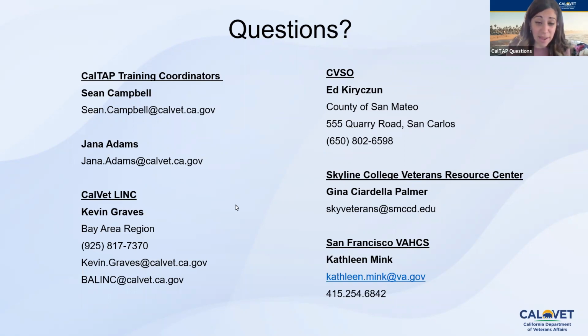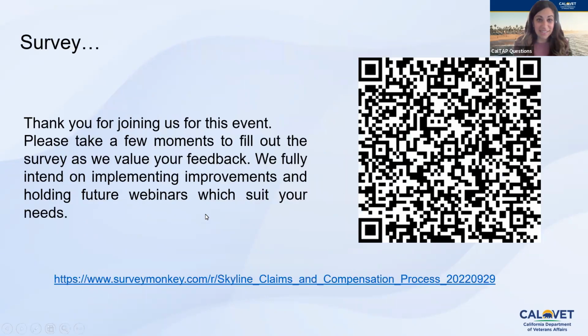And like I said, I'm so sorry if you didn't get your question specifically answered, but please reach out to Ed directly, or you can call us directly too, and we can get you the phone number of the CVSO that is in your area. If the County of San Mateo is not your home CVSO, we can get you to the correct office. So Sean, if you want to jump on and continue on to the next slide.